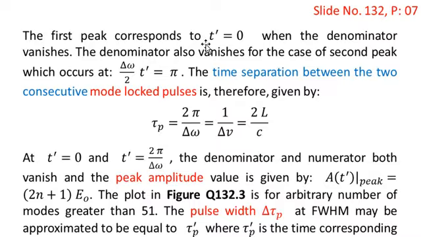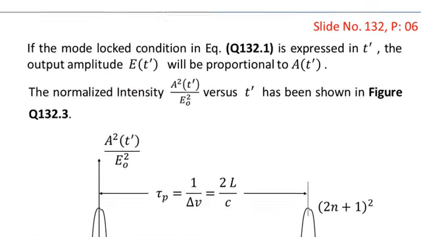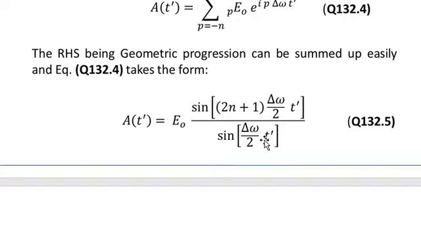The first peak corresponds to t prime is equal to 0 when the denominator vanishes. You see that the denominator of this vanishes at t prime is equal to 0 and t prime is equal to pi. When t prime is equal to pi, both the numerator and the denominator will vanish.